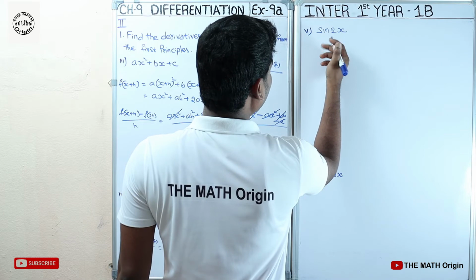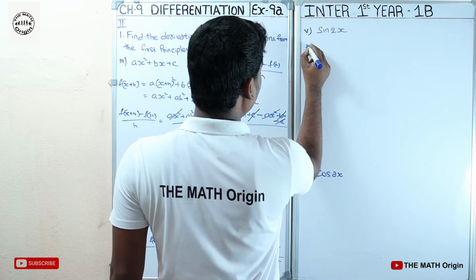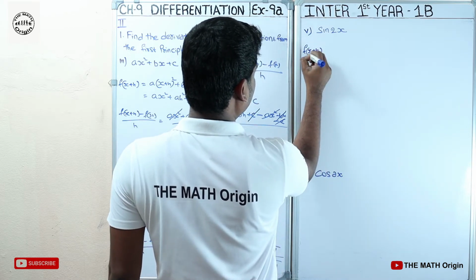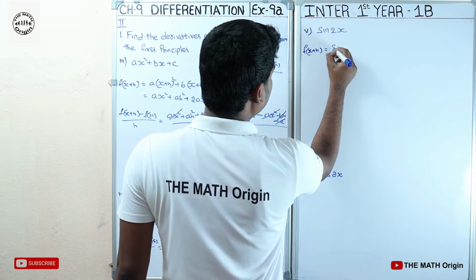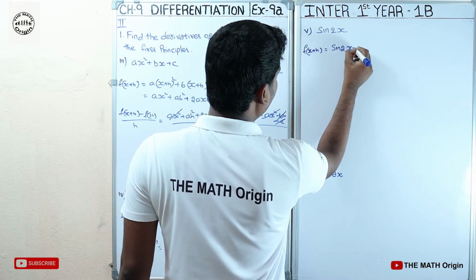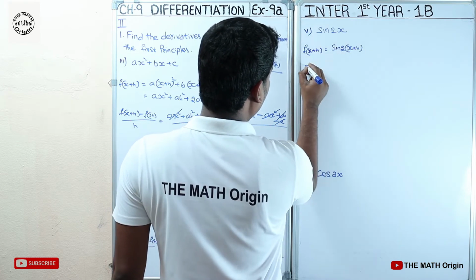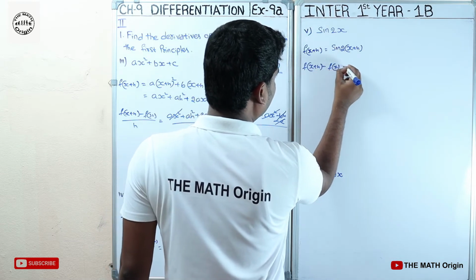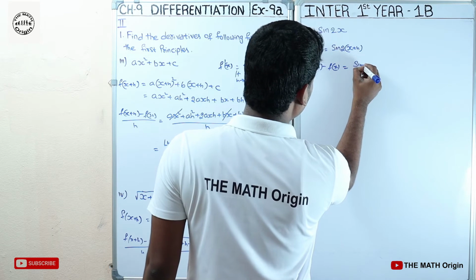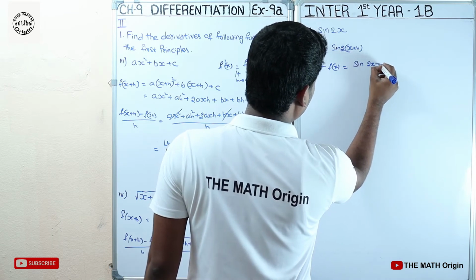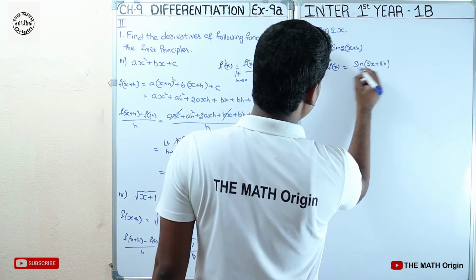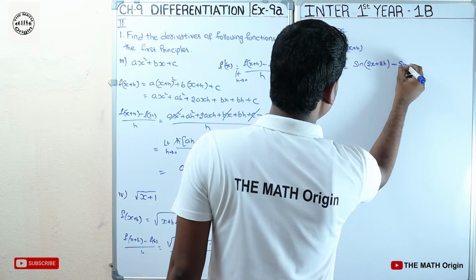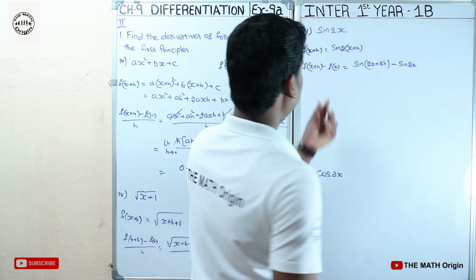Okay, sin 2x, let's take f of (x plus h). Therefore that is equals to sin 2 into (x plus h). Now let's apply the formula, f of (x plus h) minus f of x. Therefore that is equals to sin (2x plus 2h) minus sin 2x.